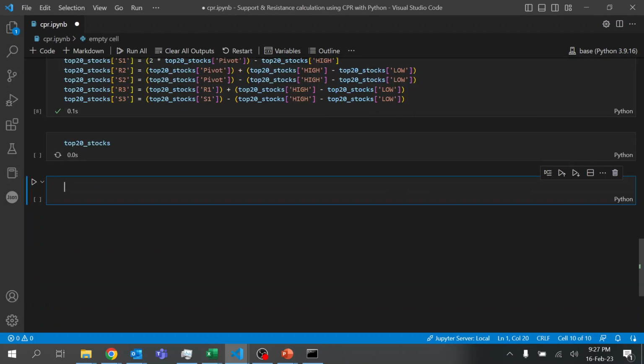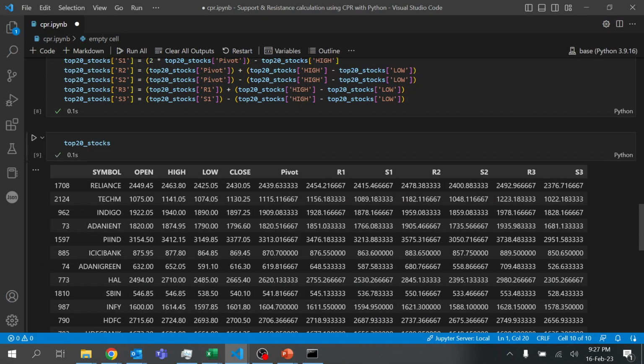Now we are going to print and see the values. Voila. So I have the pivot level for Reliance. I have the resistance level, support level 1, resistance level 2, resistance level 3, all the data over here.